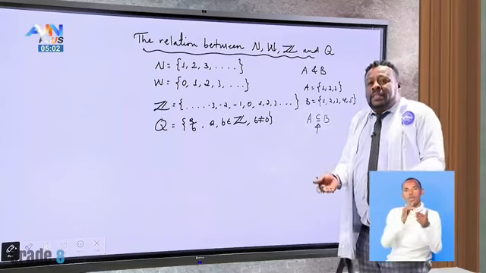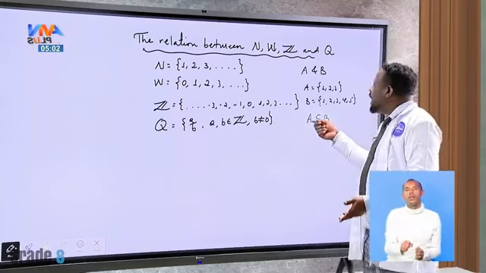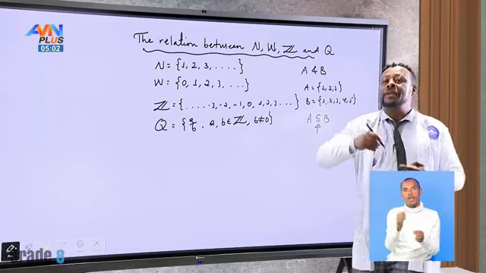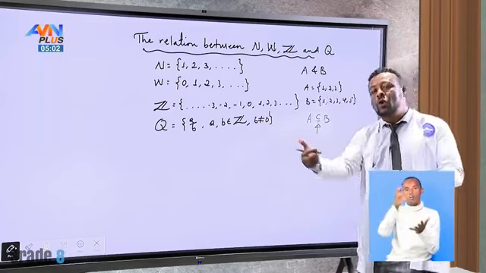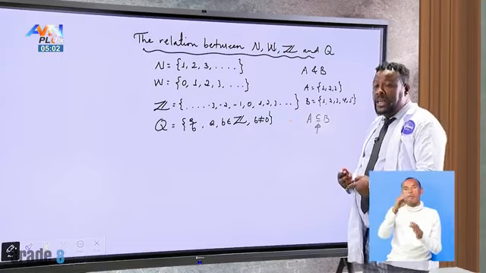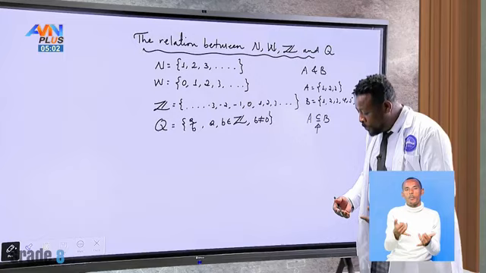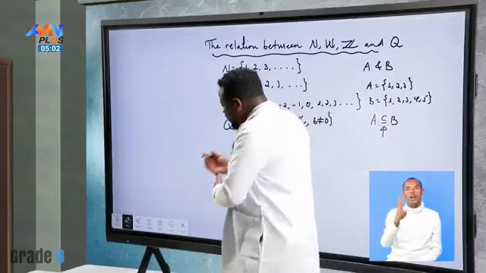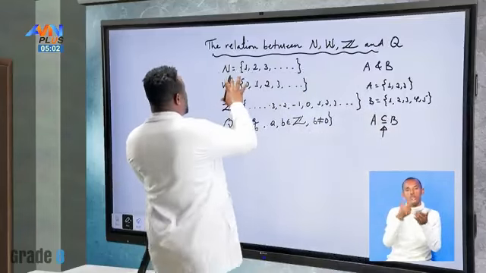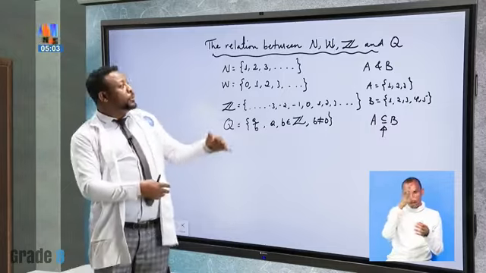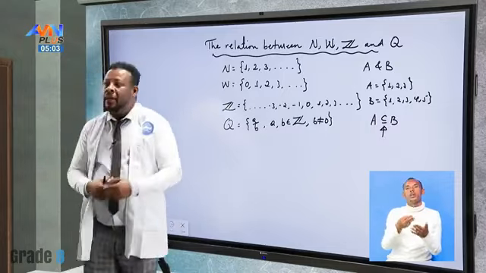So what is a subset? A set A is said to be a subset of set B if every element of set A is contained in set B, right? So this is the concept of subset. Now, we will bring this concept into these four sets of number and create a relationship between them.